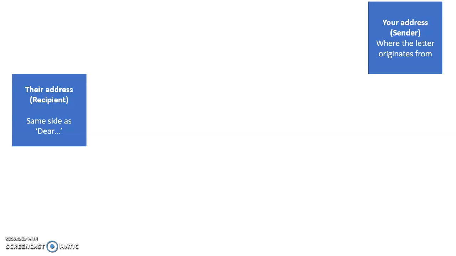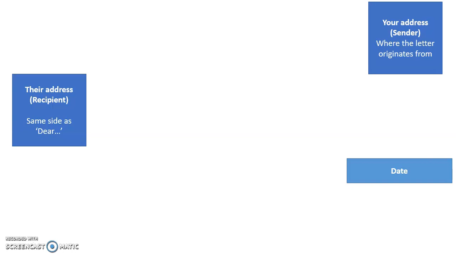Then you put their address on the next line on the left-hand side. The way to remember that is that it's the side you're going to write Dear whoever. So their address and whoever you're addressing it to should come on the same side of the page. Your address top right, next line down their address on the left, and you remember that because that's where you're going to put Dear whoever.